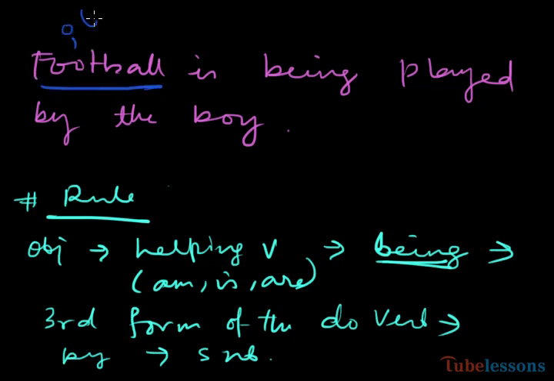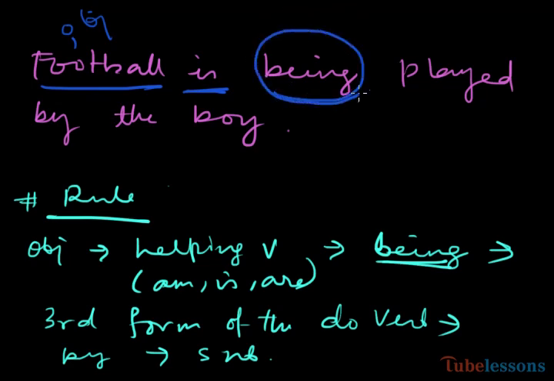Then one helping verb; in this case also we will take the help of be verbs. Football is, this part is similar to the simple present tense. Now, just to differentiate and identify present continuous tense from simple present tense, we have to put being.